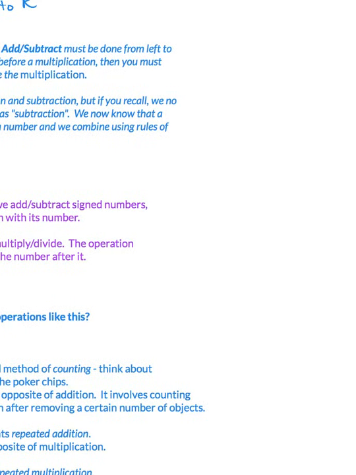So, for example, if I have something like 20 minus 5 plus 4, there's a couple different things that we can do in order to simplify this. One of the things that we can do is combine 20 and 4 and get 24 minus 5. This results in 19.